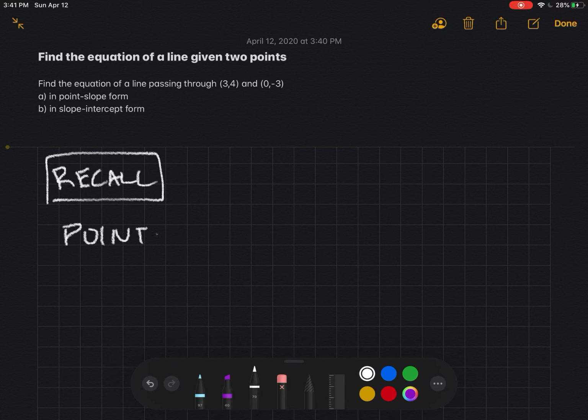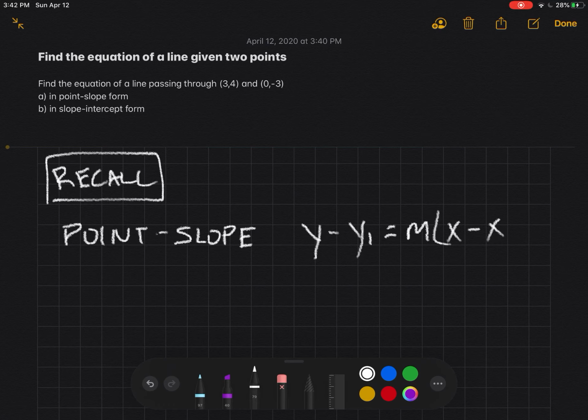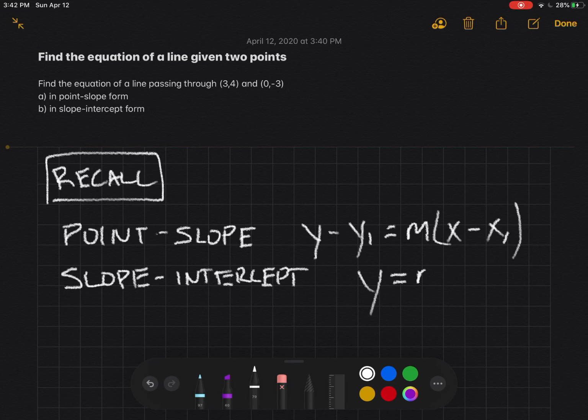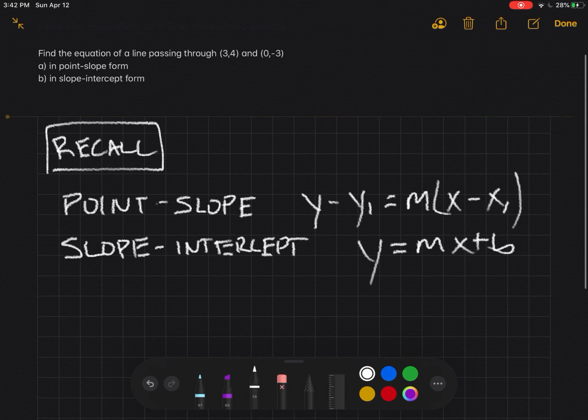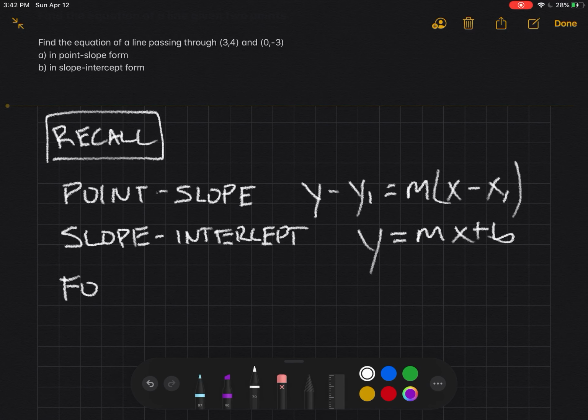First, I want you to recall point-slope form and some common formulas that we're going to need. The point-slope formula of a line looks like this: y minus y1 equals m times x minus x1. The slope-intercept form of a line looks like this: y equals mx plus b.